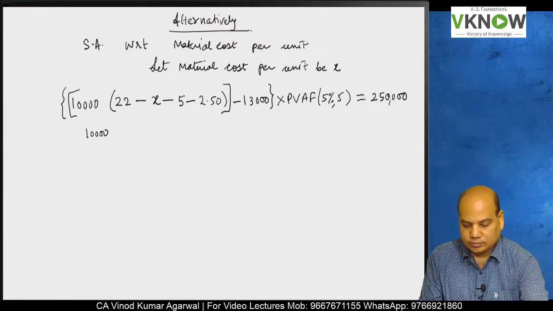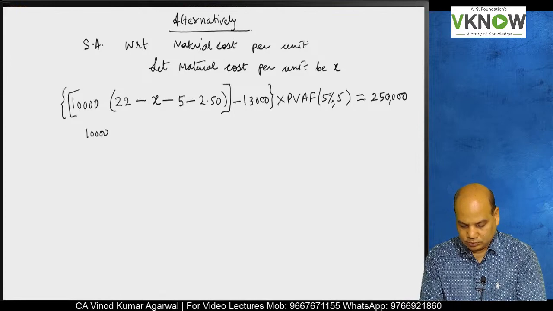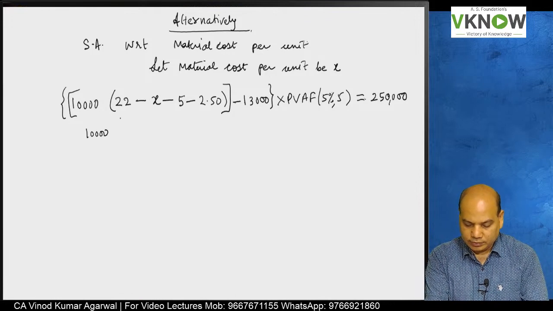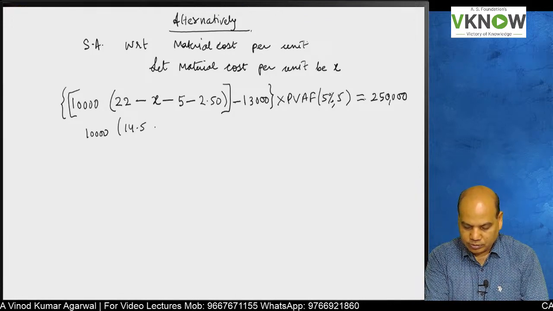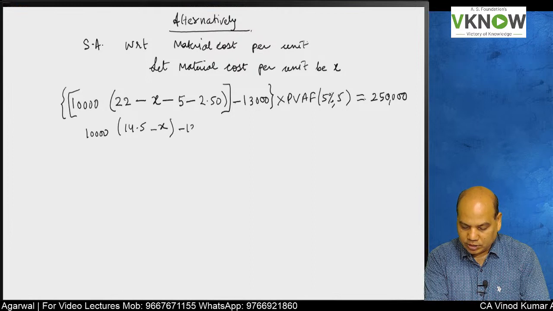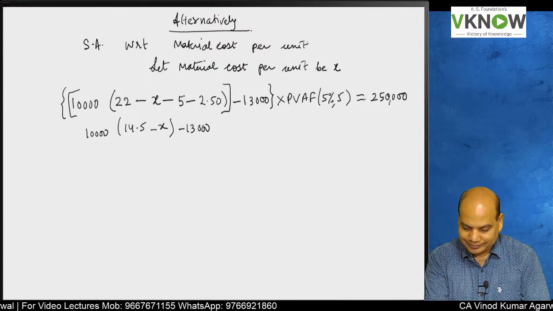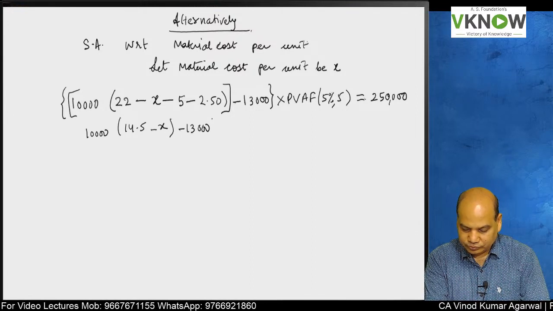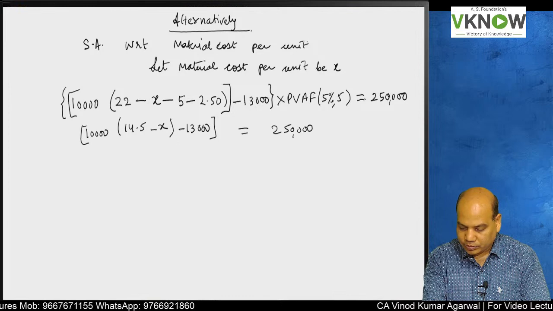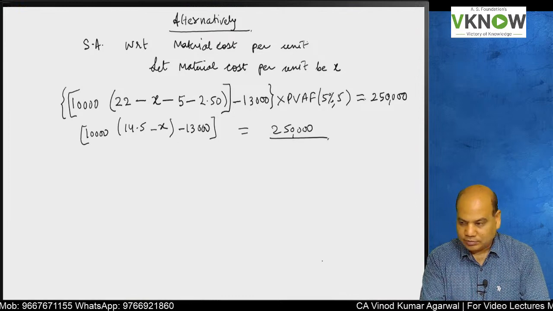How much is that? 14.5 minus x, minus 13,000, and this you can write equal to 2,50,000 divided by that factor.